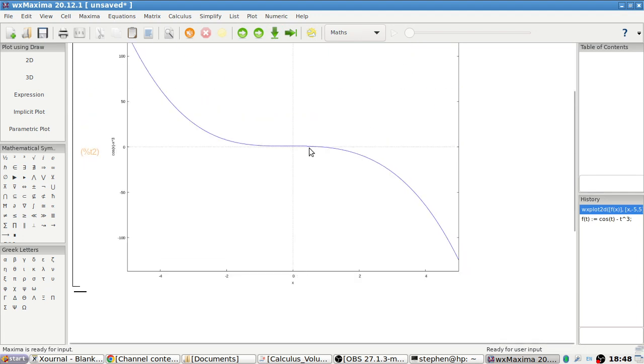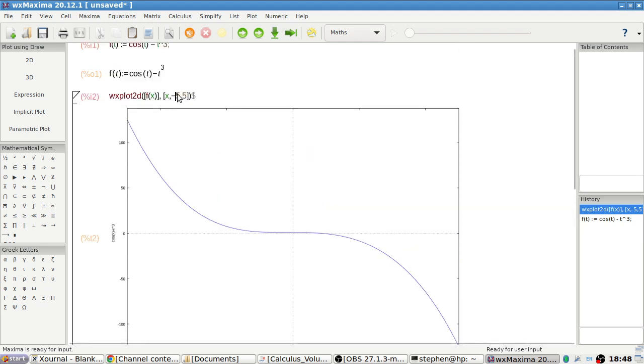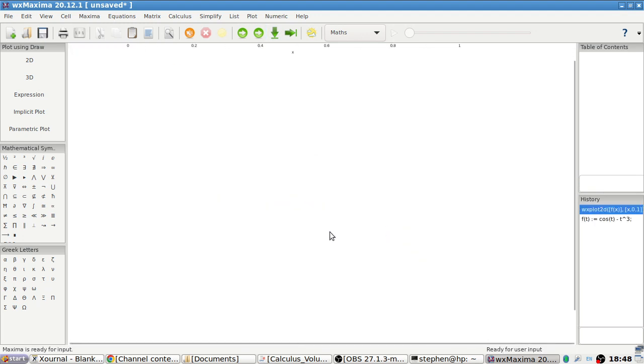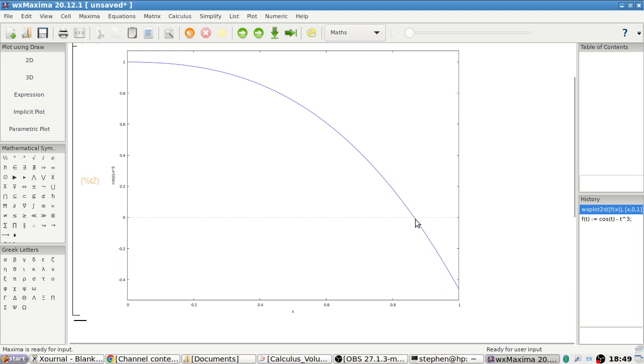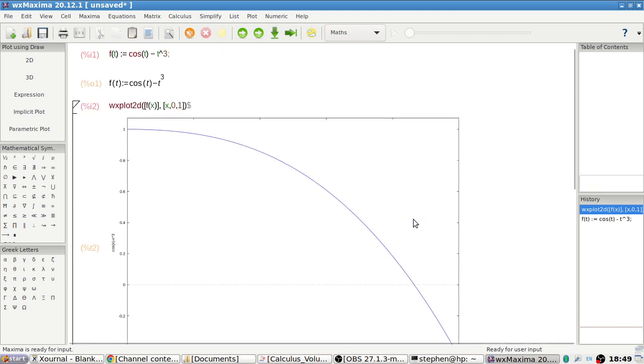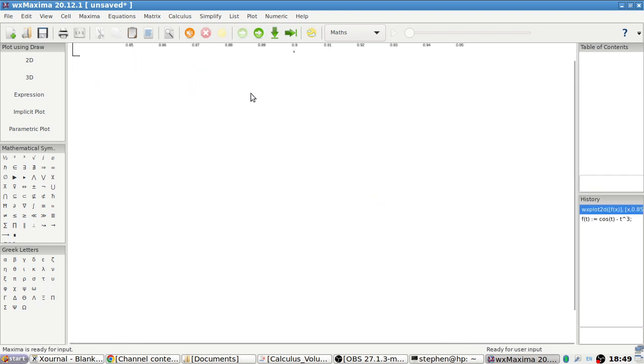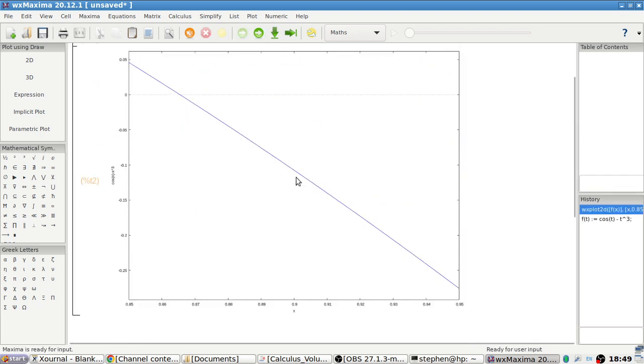Looks like it's a little bit after 0. Let's go with 0 to 1. Then 0.85 to 0.95. Looks like it's around about 0.87.